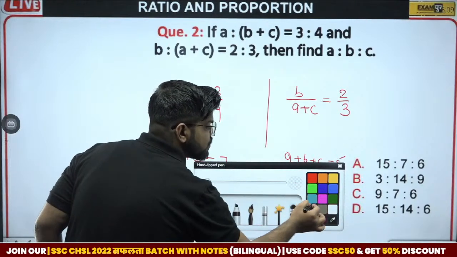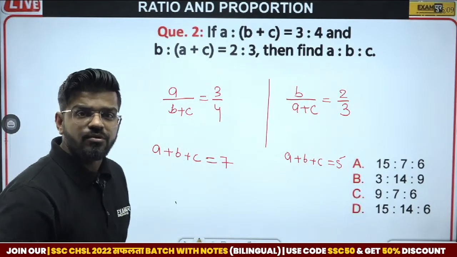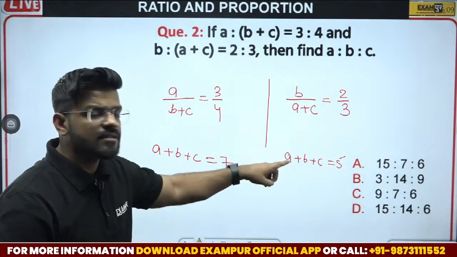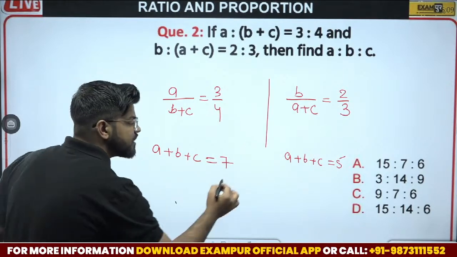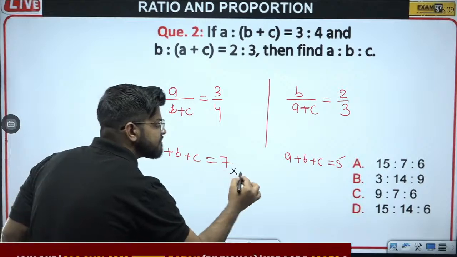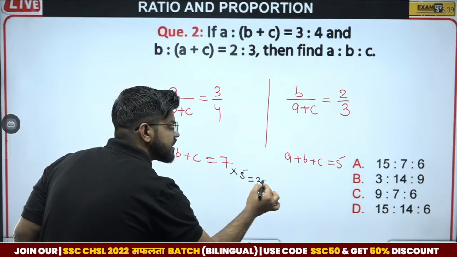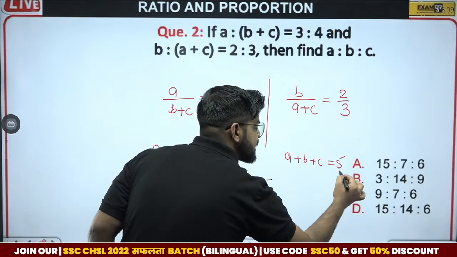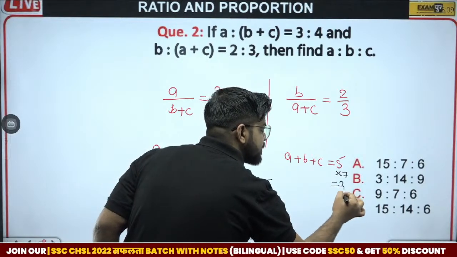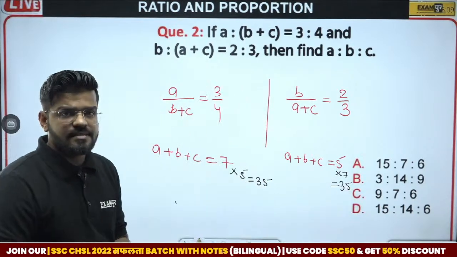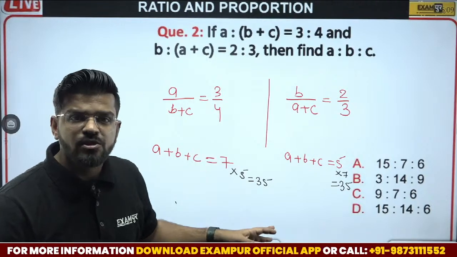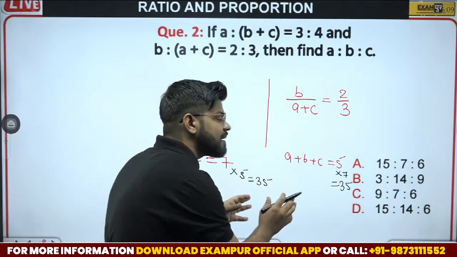We have to do cross multiplication to make both the values the same. You know that 7 fives is 35 and 5 sevens is also 35. So how do we make them equal?